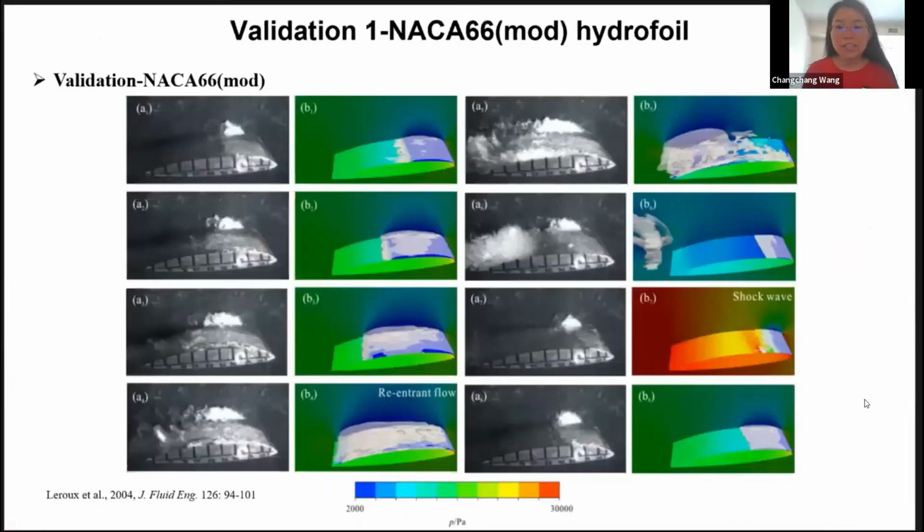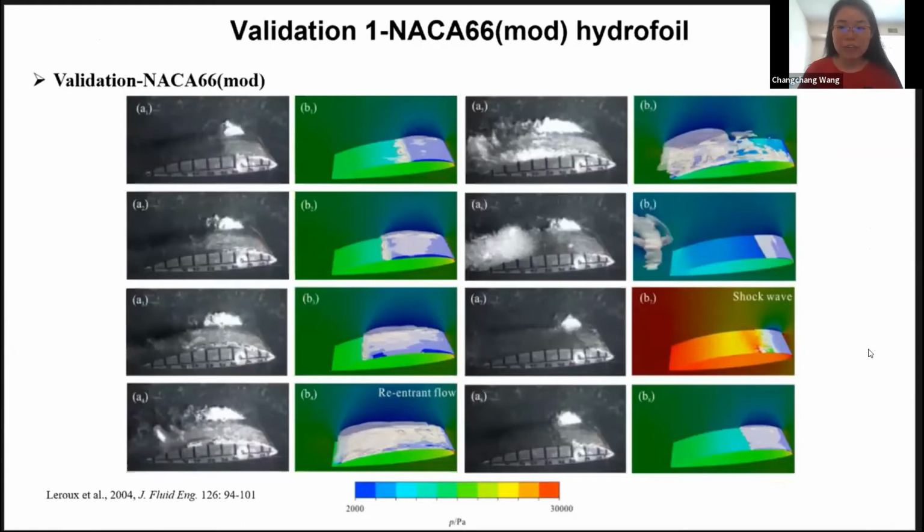Firstly, the result is validated based on the NACA 66 mod hydrofoil. This is a popular hydrofoil section used for marine propellers. Further, the cavity structures are validated.